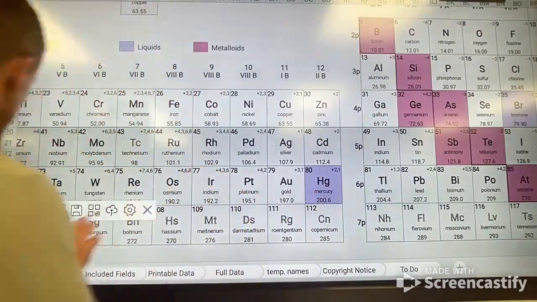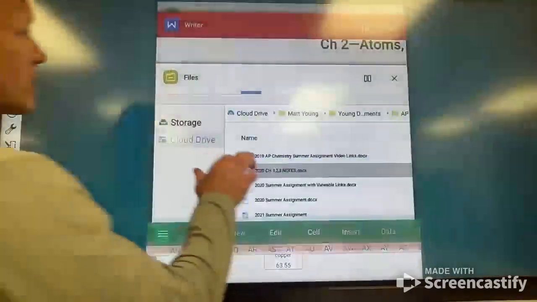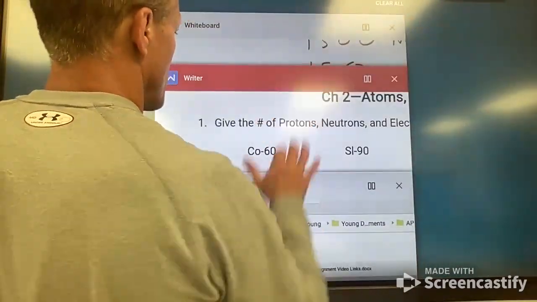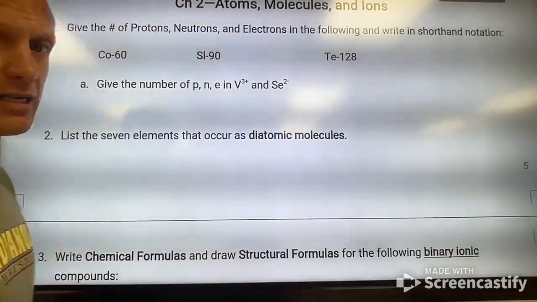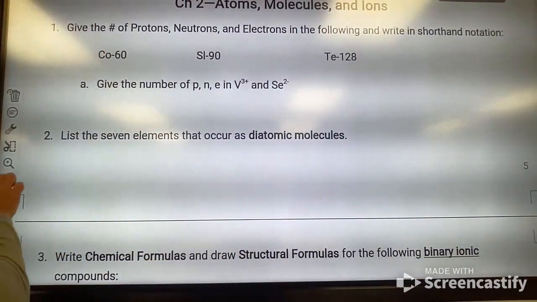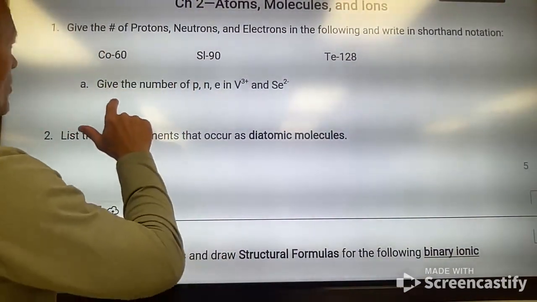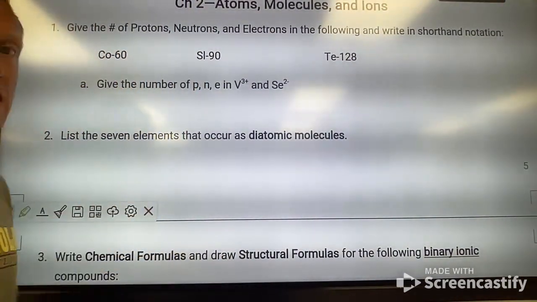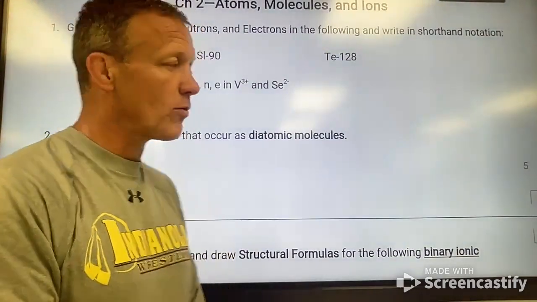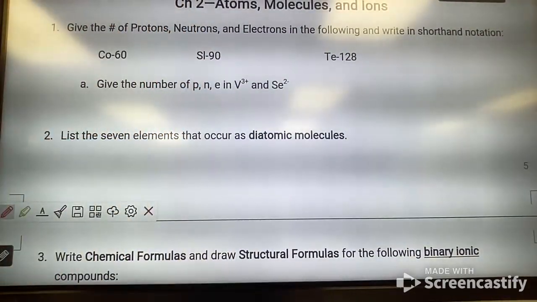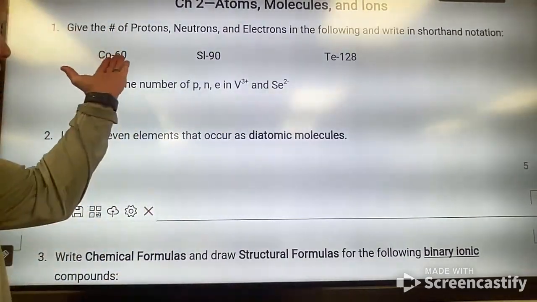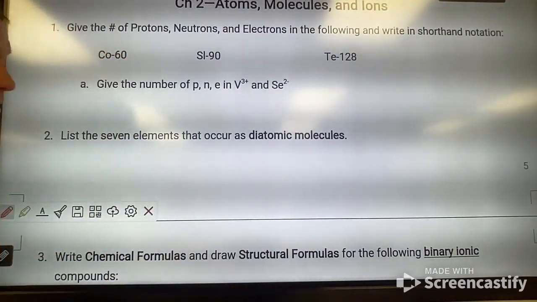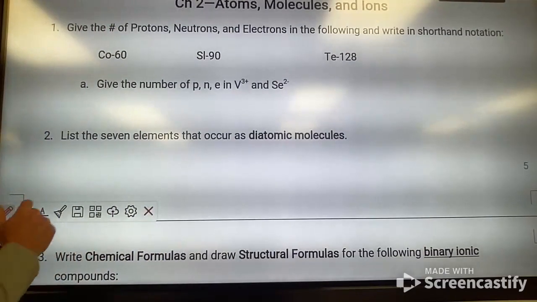All right, looking at your stuff in your notes here. Cobalt 60 is telling you, this is the mass number, okay? That's supposed to say strontium, but cobalt 60, this is the mass number. Not the most common isotope of cobalt. The most common isotope of cobalt is actually cobalt 59, if you look on your periodic table. So this is a certain isotope that has a mass of 60. So you find cobalt on your periodic table. Cobalt is element number 27.